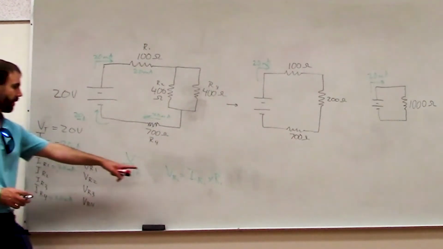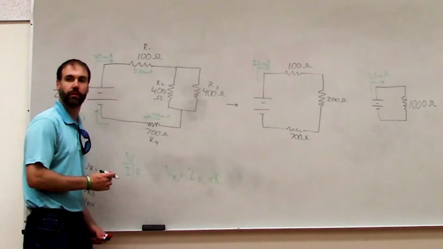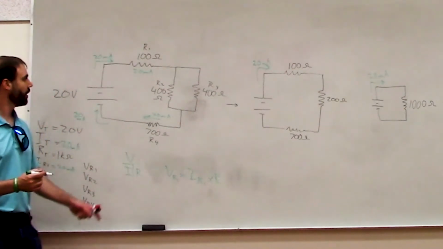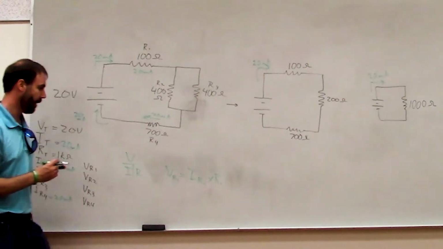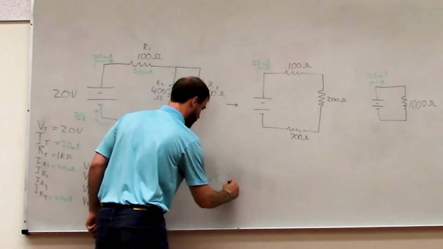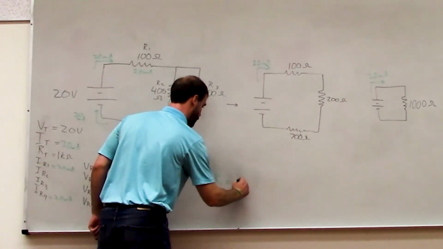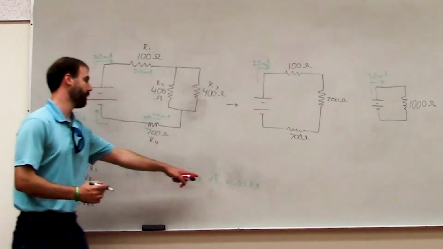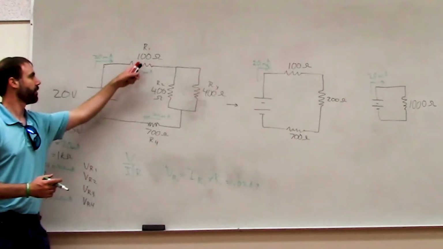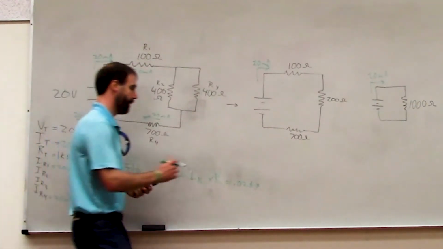So what is IR1? Now I is the current, right? So that's 0.02 amps times, and R1 is 100 ohms. Yeah?